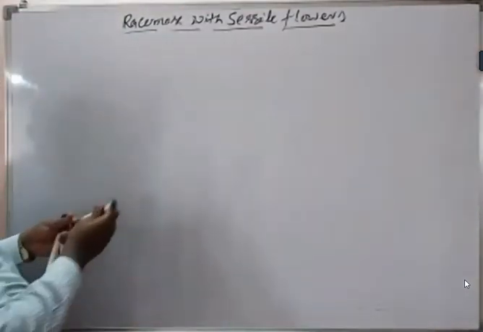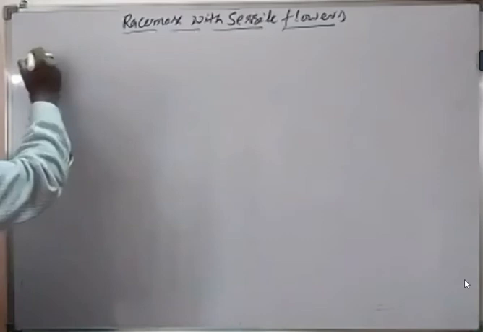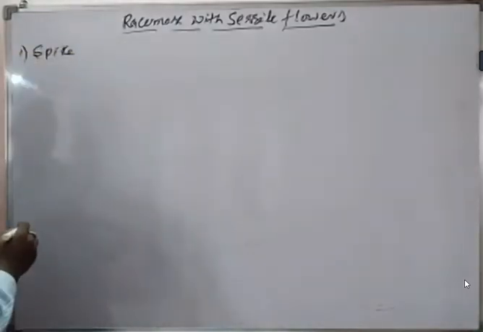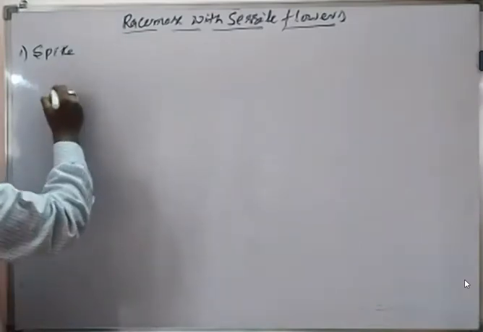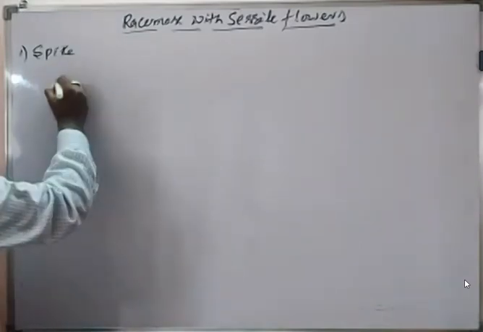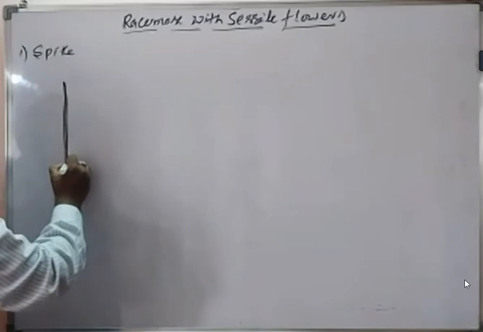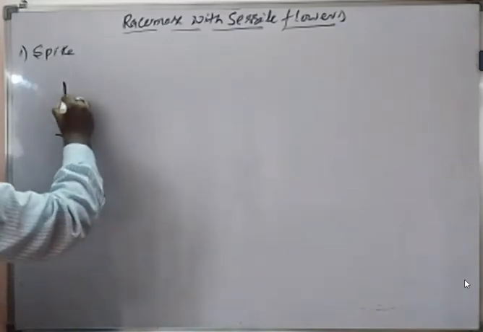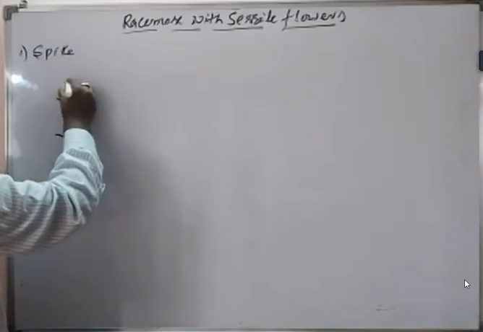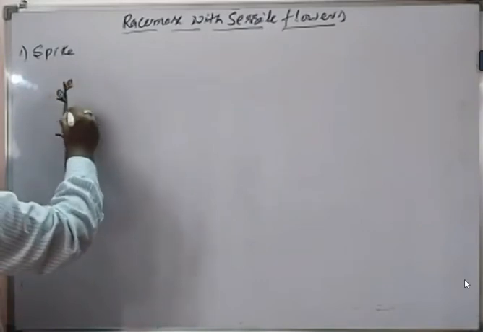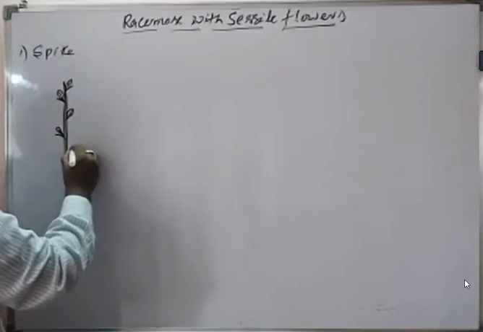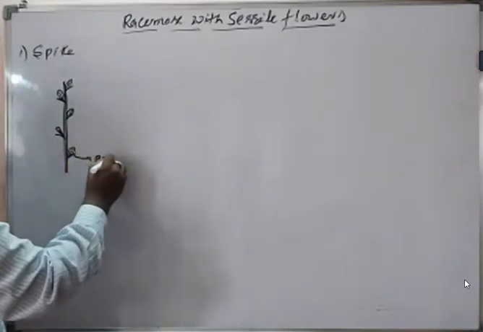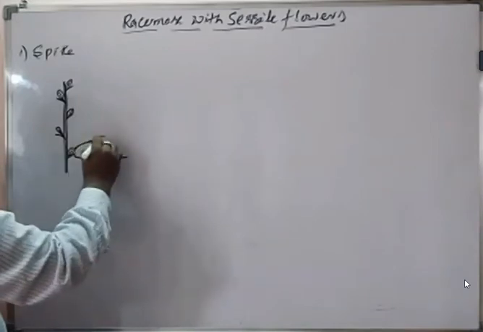Under this, we have number 1, spike. In spike, the peduncle is elongated. This elongated peduncle shows bracteate and sessile flowers. This is bracts and here is flower.